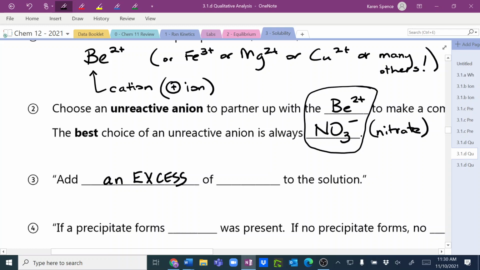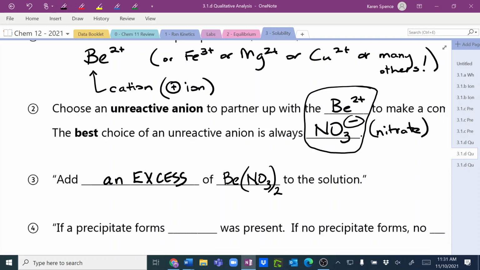What's the formula for beryllium nitrate? Be. Do we need anything else? We need 2 nitrates because we only have a 1 negative charge there. So we need 2 of them to bring it up to 2 negative to balance out the beryllium's 2 positive.